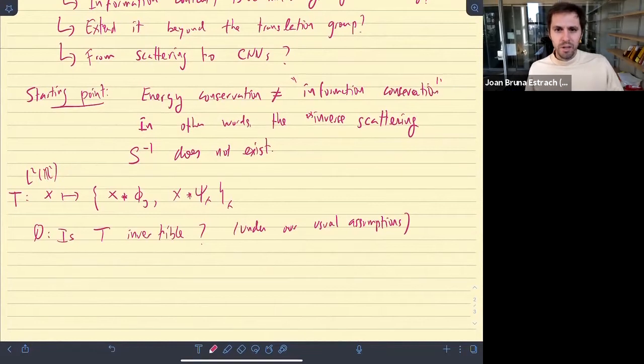So who has some opinion? Are we already doomed, in the sense that even the first step of the transform is already non-invertible, or is this operation still keeping all the information?